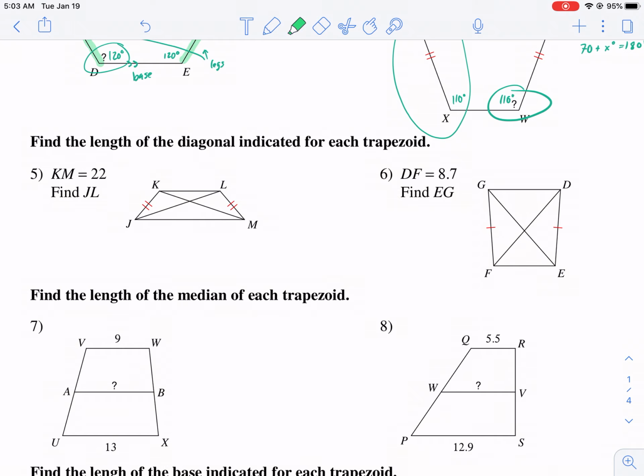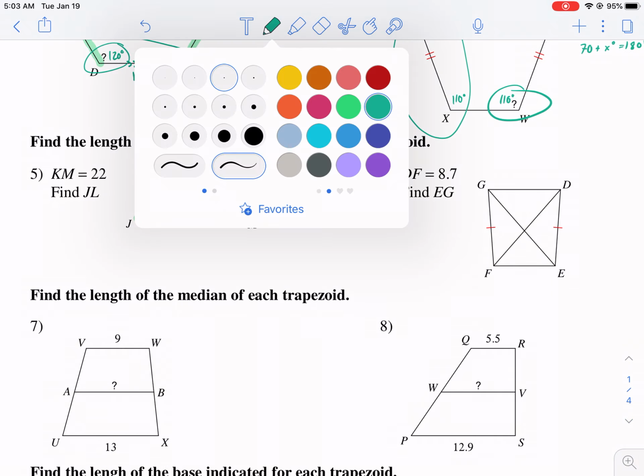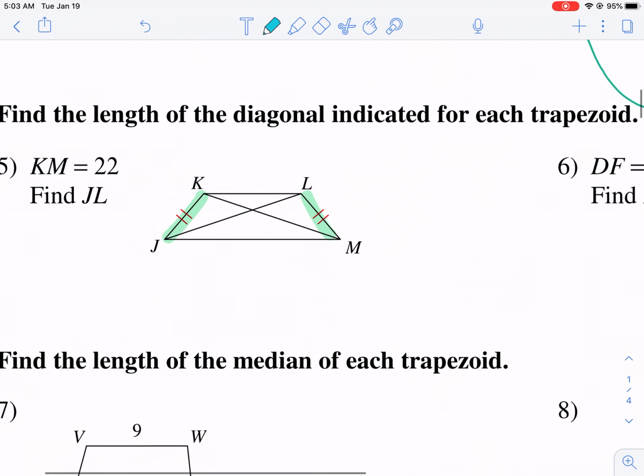Now, a special property for isosceles trapezoids is actually the same as one of the properties for rectangles, and that's diagonals are congruent. So we know that KM is going to be equal to JL. Okay, diagonals are congruent.